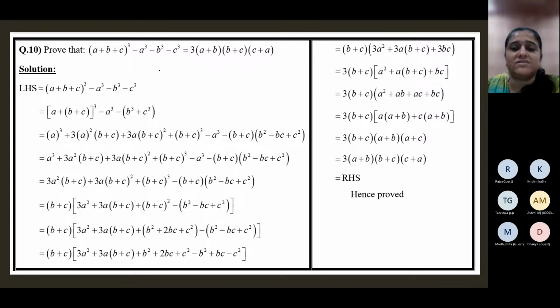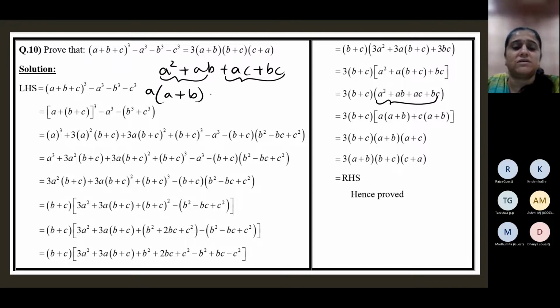See here, in standard 8, we have a question like this: they'll give you an expression like this and say factorize. This expression alone we have done in 8th standard. So we group the first 2 terms and the last 2 terms. A is common, so a plus b. Then in the last two terms c is common, so a plus b. Now a plus b is again common in the two parts.